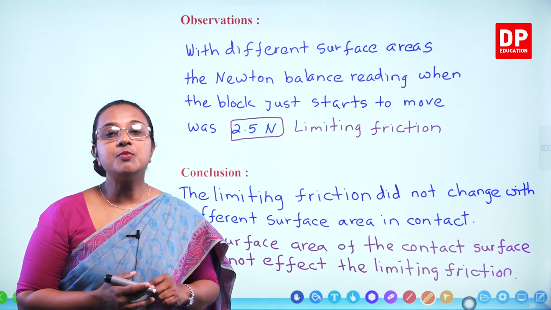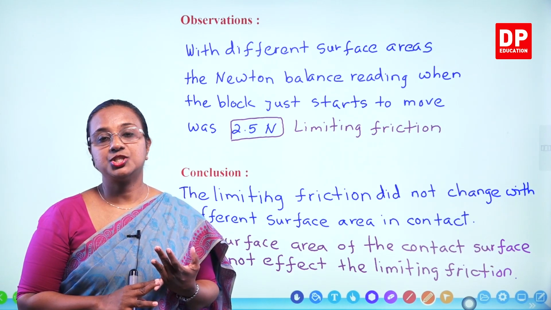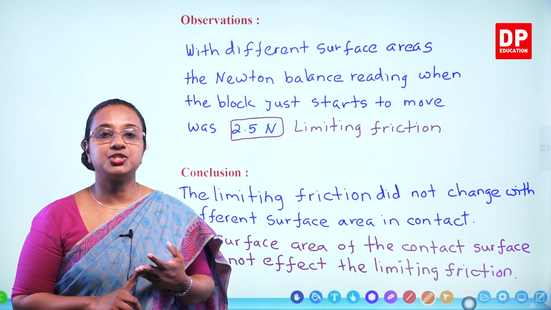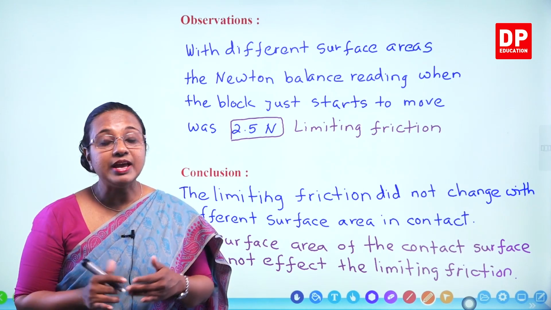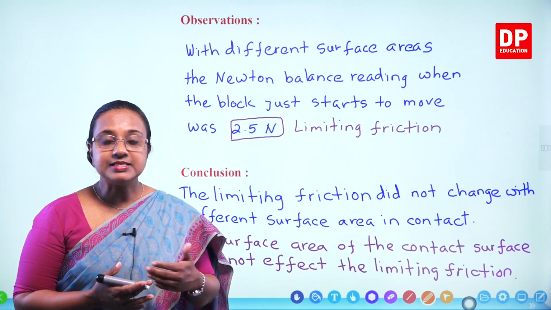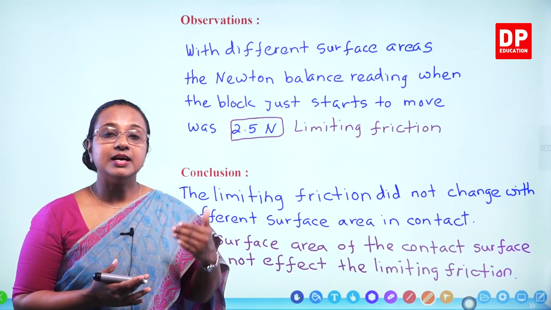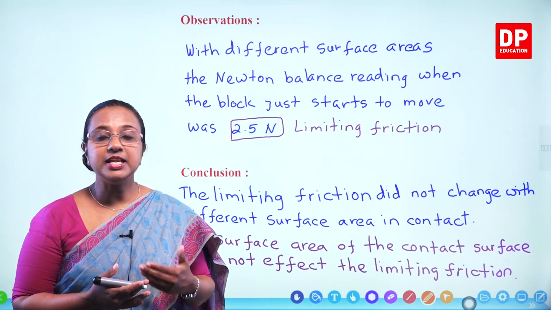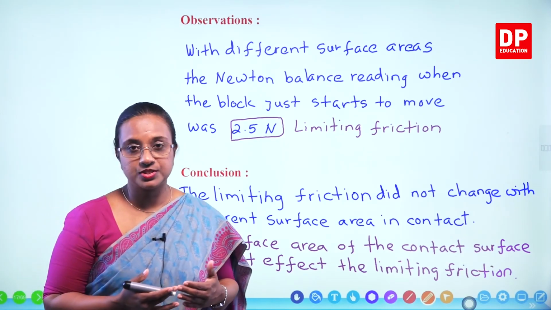Now there is one more factor, that is the perpendicular reaction or the normal reaction of the object. That depends on the weight of the object. Let us now discuss the activity where we investigate the effect of perpendicular reaction on limiting frictional force.